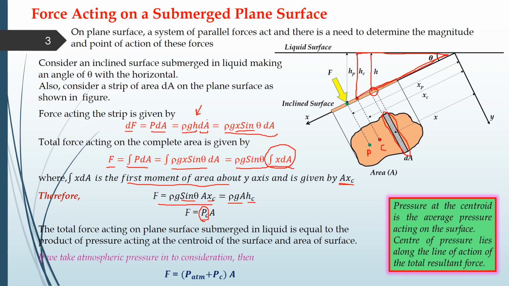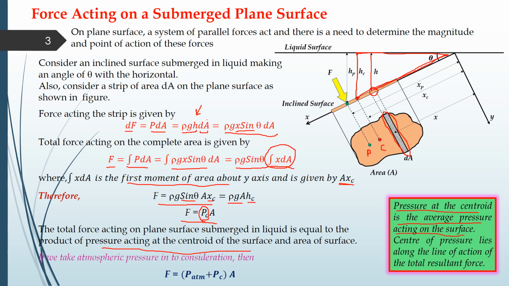So the total force which is acting on the submerged surface is equal to the product of the pressure acting at the centroid of the surface, the pressure which is acting at this point, into the area of the complete surface. So we can say that the pressure at the centroid is the average pressure acting on the surface.